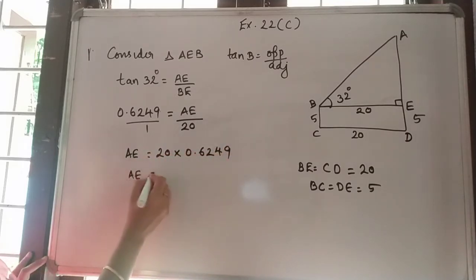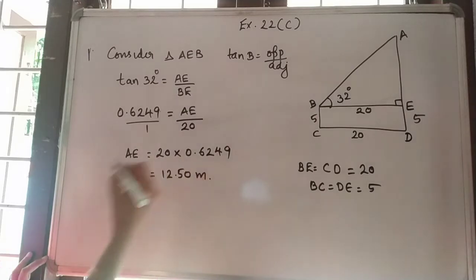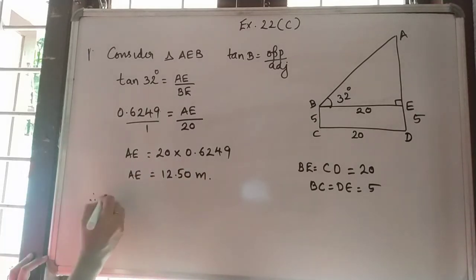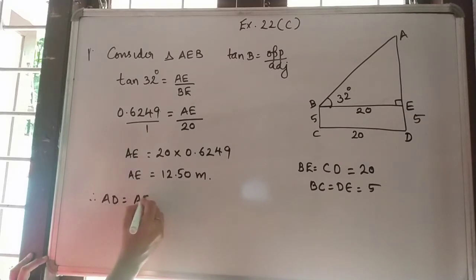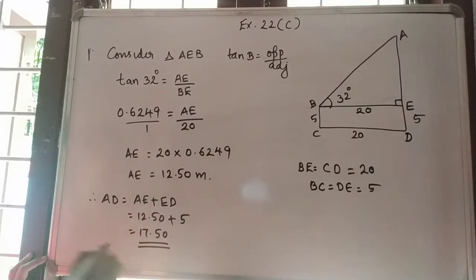So AE we will get as 12.50 meter. So what about AD? AD is equal to AE plus ED, that is 12.50 plus 5, which is equal to 17.50.